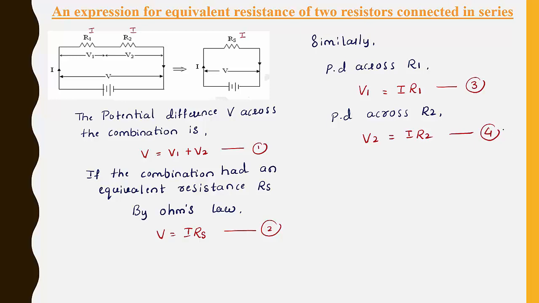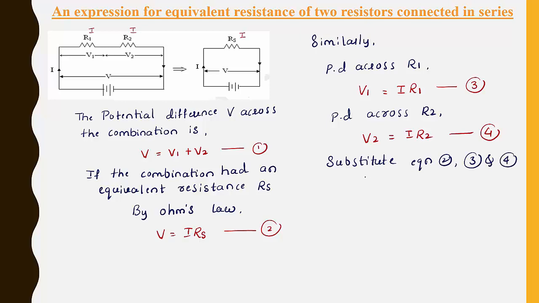Now you can observe equation 1. What is equation 1 here? V equal to V1 plus V2. In place of V, we can write equation 2, that is I Rs. In place of V1 and V2, we can substitute equations 3 and 4.